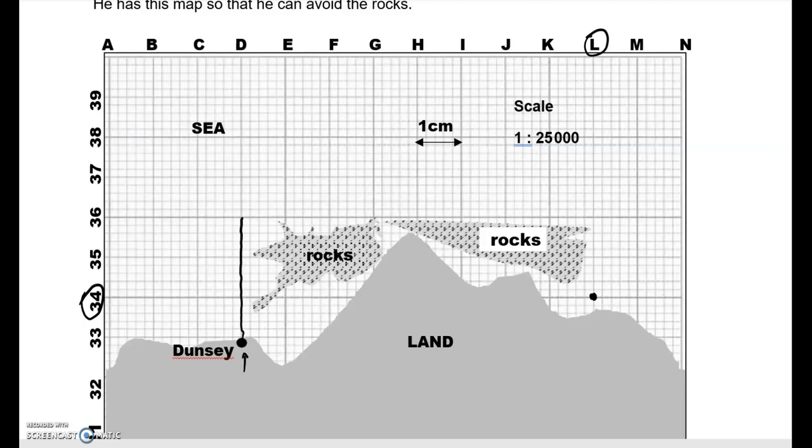We want to avoid the rocks, so I'm gonna go up to this point and then across. Again, we've got the rocks on the way, so I'm tempted to go a bit further away up to this point and then come down and then get there.